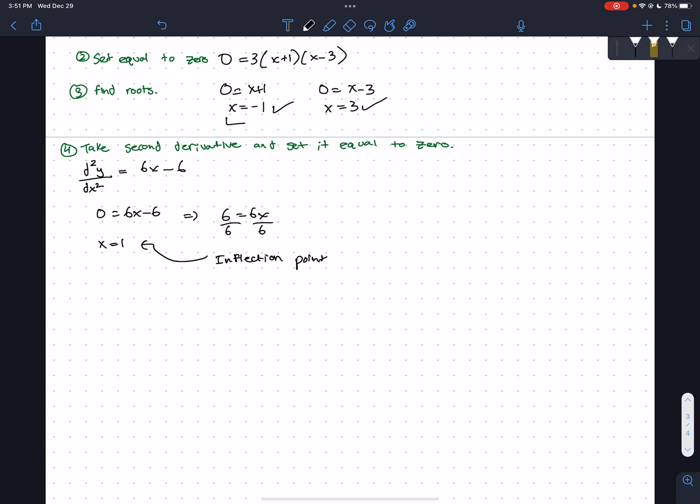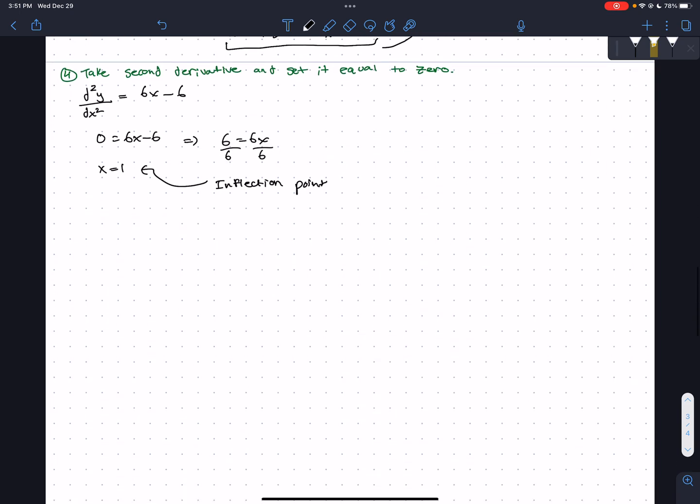These are the critical values. So now we're going to determine the concavity between them, right? So we're looking at the interval.